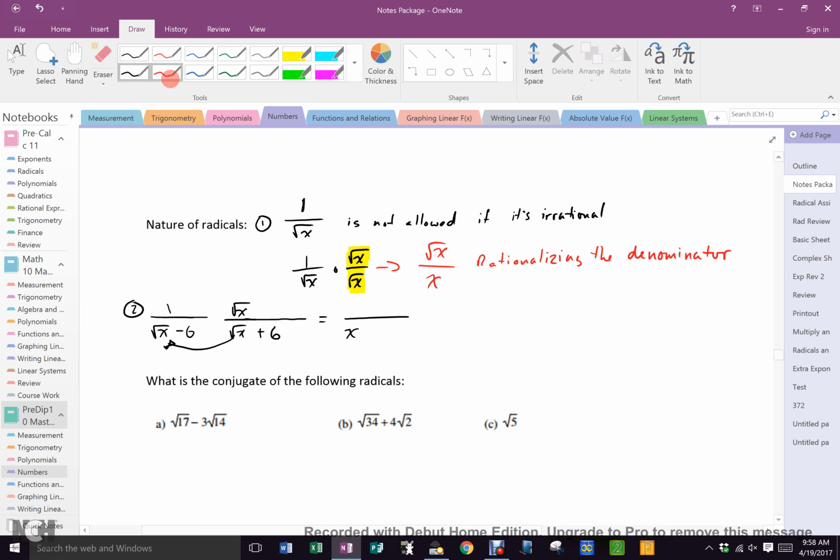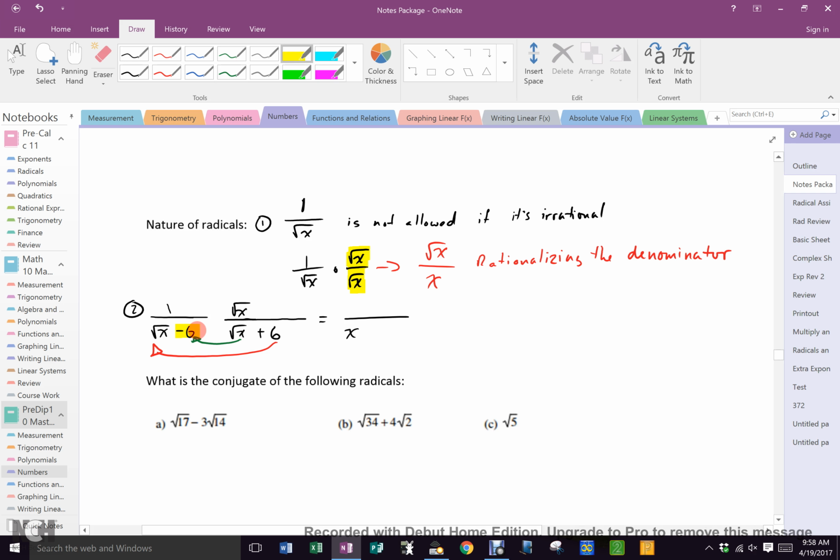X. Plus 6 root x. Then what's this one? What's that? 6 root x. And what's this guy? Negative 6 root x. What's going to happen? They're going to disappear, aren't they?